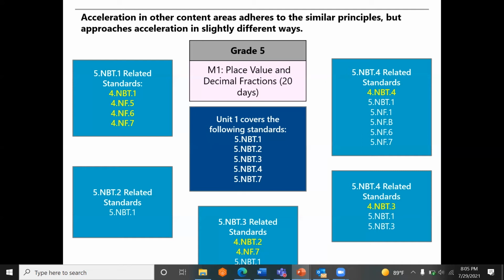Just-in-time instruction means that the students are experiencing the learning with the coherence of the standards that are properly aligned at that particular time. Whereas the concept of just-in-case teaching requires that we just cover everything just in case the students have a gap. And that is not appropriate for learning acceleration.